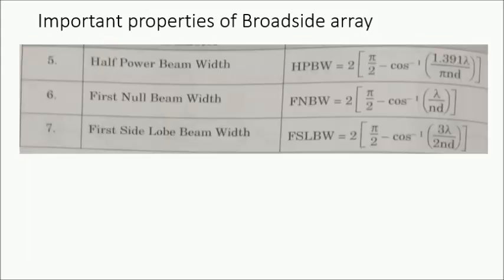Half power beamwidth is nothing but 2 into in bracket pi by 2 minus cos inverse 1.391 lambda divided by pi d. The first null beamwidth is also equal to 2 into pi by 2 minus cos inverse lambda by n d. First side lobe beamwidth is equal to 2 into pi by 2 minus cos inverse 3 lambda by 2 n d.